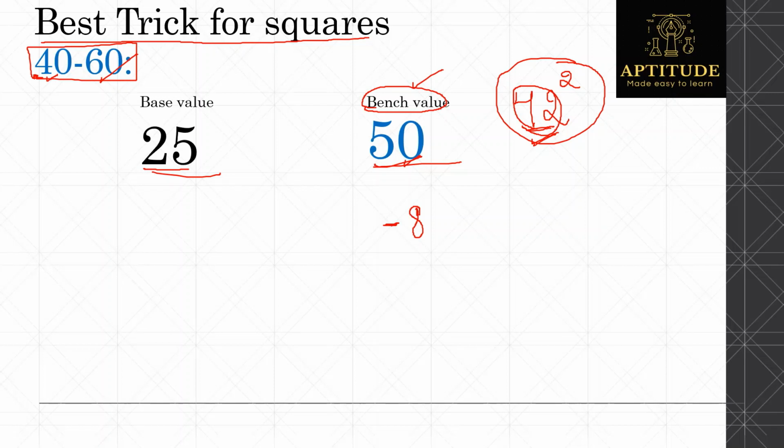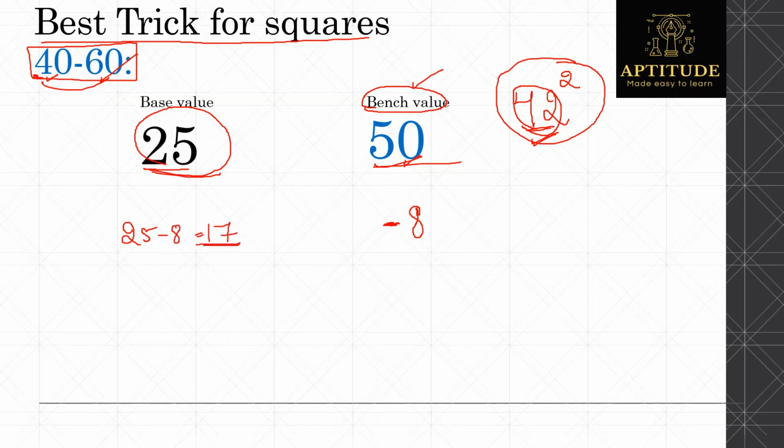Now add this difference to the base value. If it is plus, I will add it to the base value, but here I have minus, so as it is minus, just subtract from the base value. The base value will always be 25 for any of these numbers. So 25 minus 8 is 17.